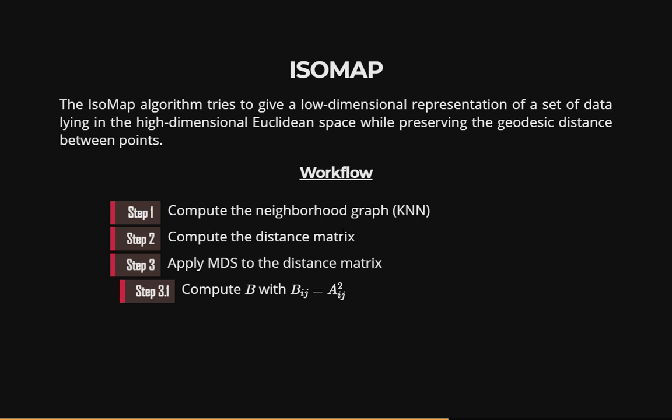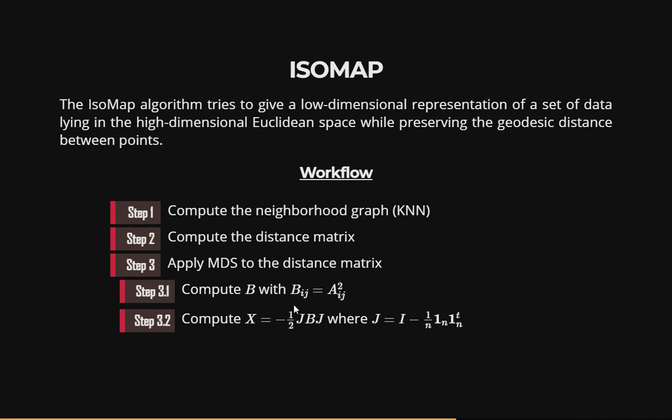We compute the matrix of square distances, and we do what is called double centering. So this matrix J, what it is: 1 with n is the vector with all ones, so 1 transpose is the matrix with all ones, and you take identity minus 1 over n times this matrix.